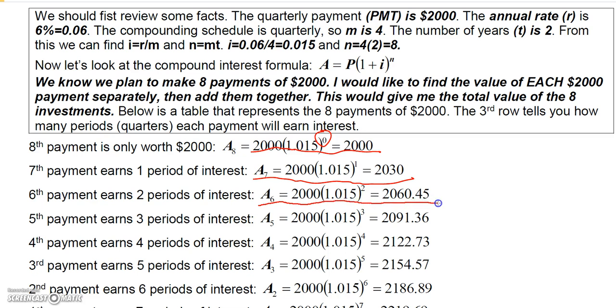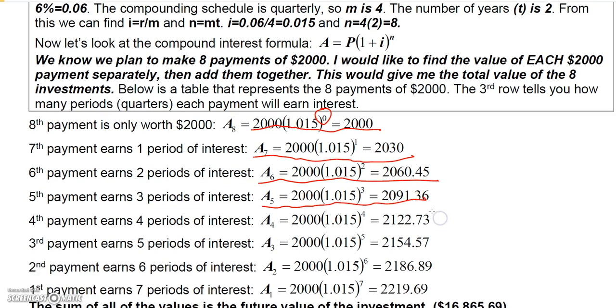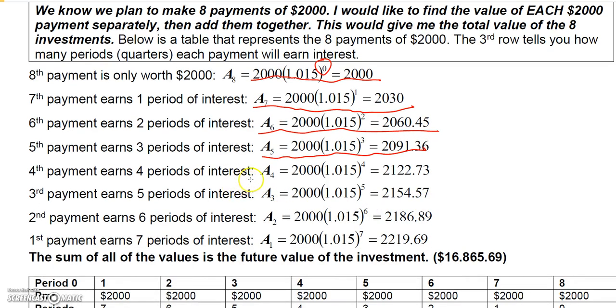So if you apply the compound interest formula, we get 2,000 times 1 plus I to the 2nd power, which is 2,060.45. And then the 5th payment is going to go through 3 compounding periods, so you would have 2,000 times 1.015 to the 3rd power, and that gives me 2,091.36.